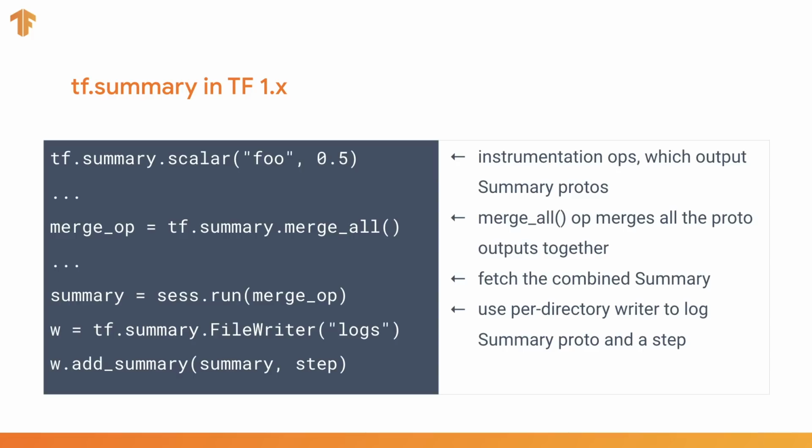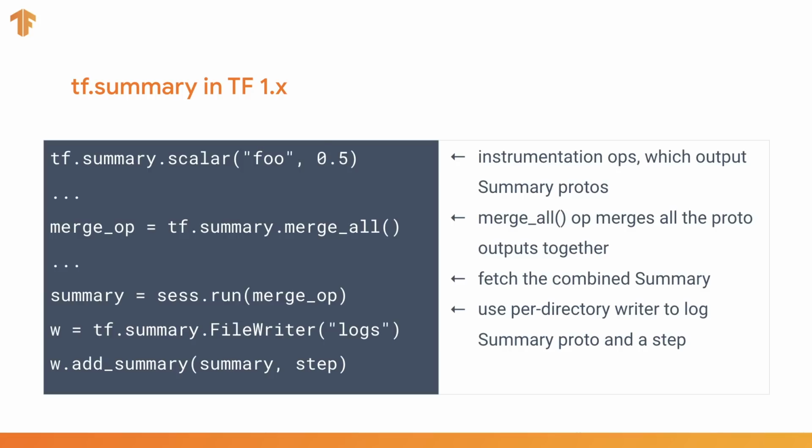Then those are merged together by a merge_all op that generates a combined proto output. The combined output you can fetch using session.run. And then that output you can write to a file writer for a particular log directory using the add_summary call that takes the summary proto itself and also a step. So this is, in a nutshell, the flow for TF 1.x summary writing.